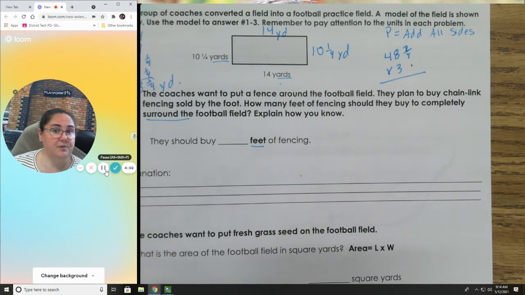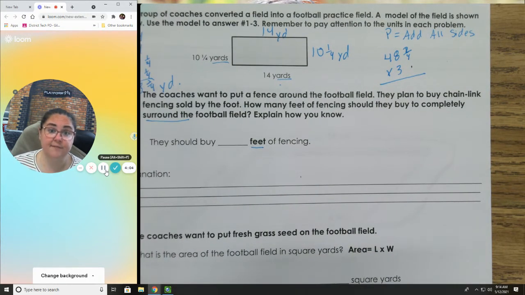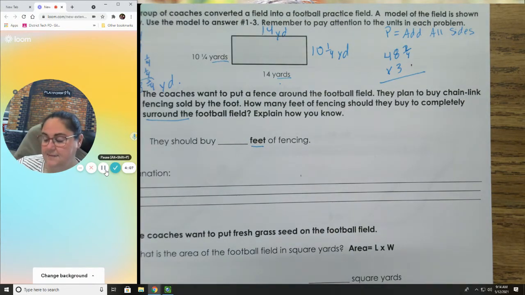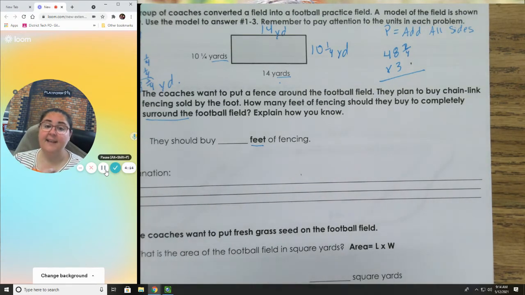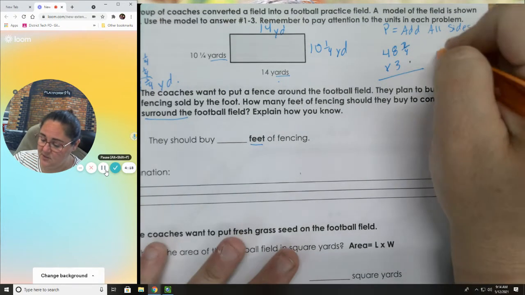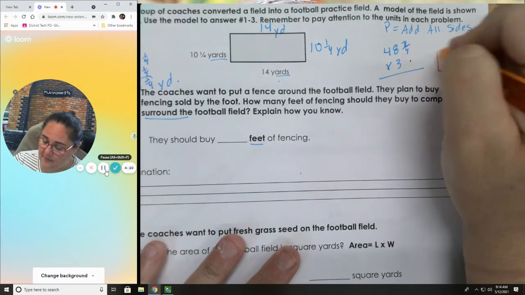Remember, you can use any way that you are comfortable with. I'm going to do this both ways. I think that area model for this question would be easier. So that's what I'm going to do up here.